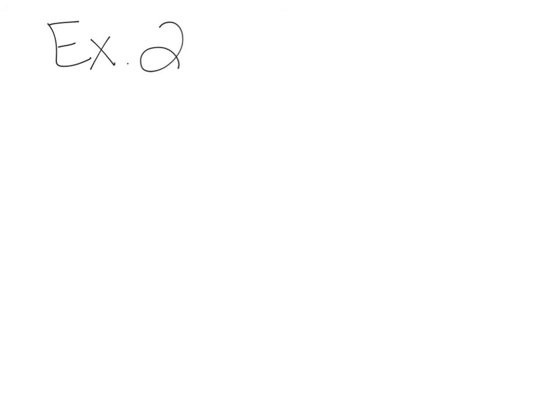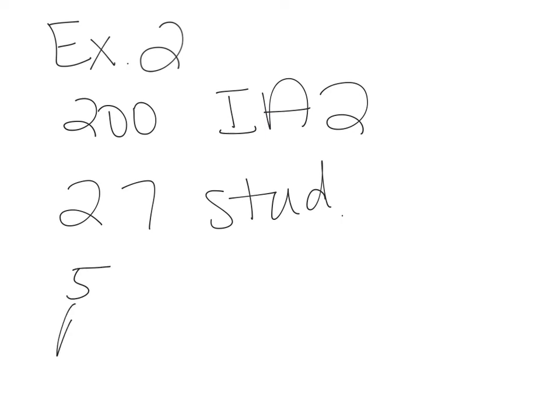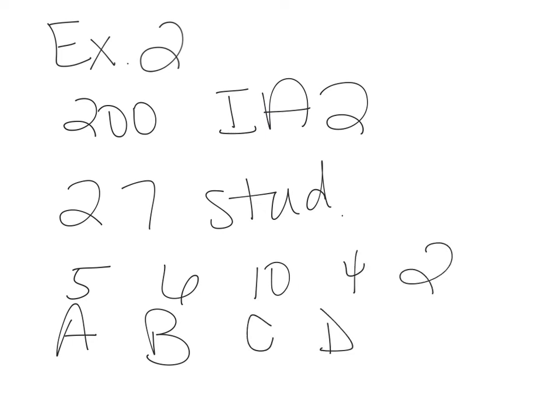Let's talk about grades now. Let's imagine that there are 200 students taking IA2 this year. We pull out a sample size of 27 students. And from those 27 students, 5 of them have A's, 6 have B's, 10 have C's, 4 have D's, and 2 have F's.